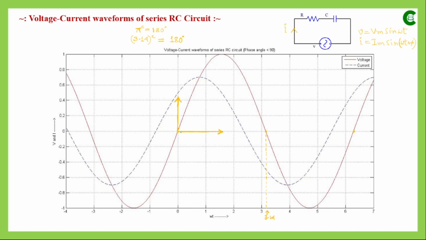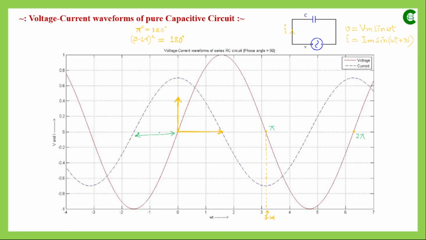So if we take V as reference, then graphically when we represent it, current will start before voltage, we can say. So when the voltage has minimum value, current has some other value. But previously we saw that since the difference was 90 degrees, when voltage was at minimum value, the current had maximum value.